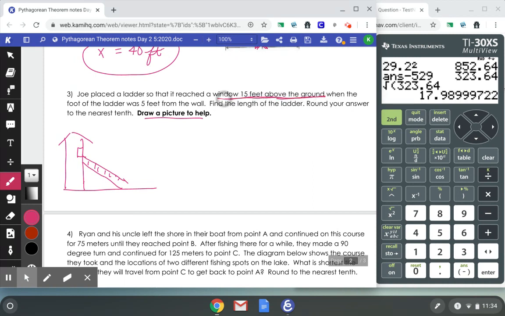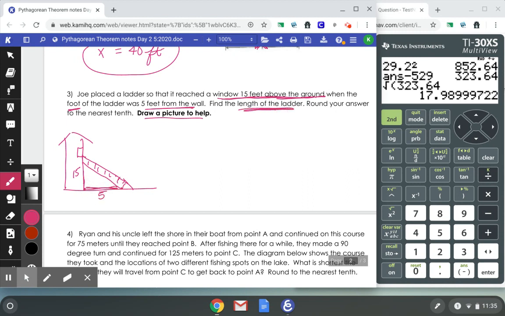So this is saying that the ladder reached the window, and the window is 15 feet above the ground. So the distance from the ground up to the window is 15 feet. When the foot of the ladder was 5 feet from the wall. So here's the foot of the ladder, and it's saying that this was 5 feet away from the wall.